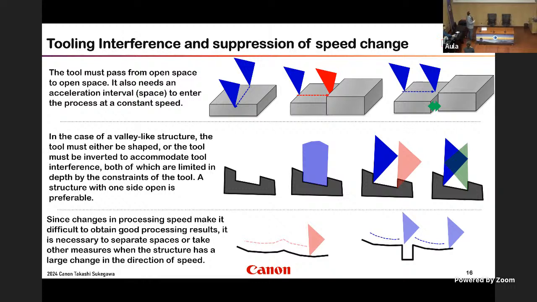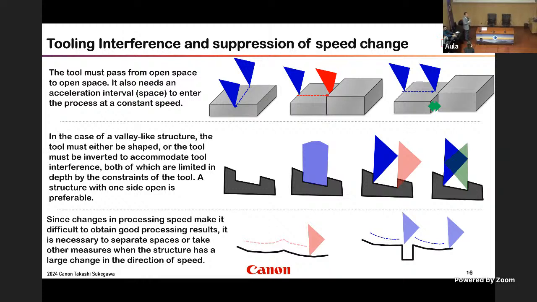Also, the other problem is we want to keep a very constant speed. With a very complicated structure, at this kind of point we have to brake and need acceleration again. That is not good quality for machining. So in such a case, please understand that the optical designer or machining designer can make some kind of isolation place, slightly wide, not so much space as required.